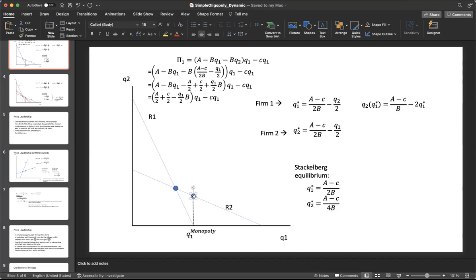It chose this. Therefore, what do we know about the profits of the Stackelberg leader versus what the leader would have had in profits under the old equilibrium? What do we know? Do we know if its profits are higher or lower?